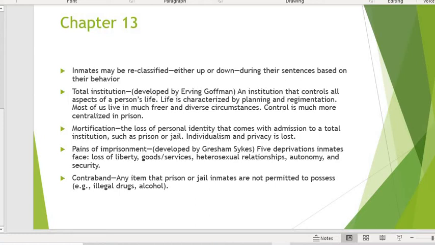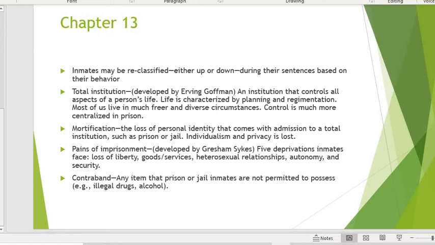Now, the pains of imprisonment were developed by another leading prison researcher and criminologist, Gresham Sykes. There are 5 deprivations that inmates face: the loss of liberty; goods and services that you have access to out in the free world; heterosexual relationships; autonomy, or freedom, the ability to come and go as you please and control your life as you please, which is kind of out the window; and also security.